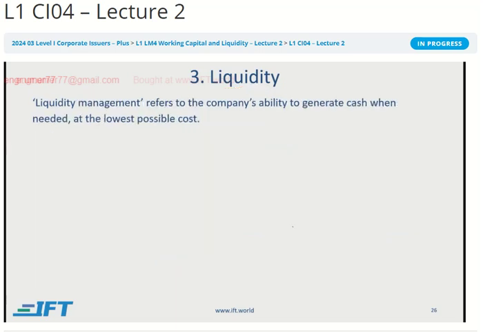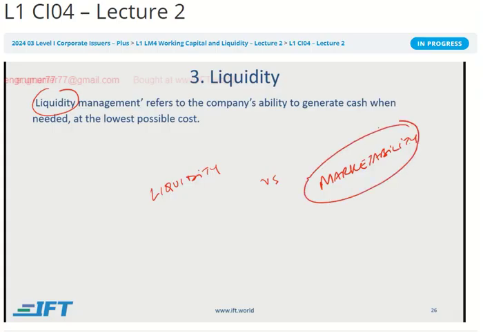Now, I just want to talk a little bit about liquidity versus marketability. If you can convert something into cash, that is marketability. Let's say you have a home, a $1 million home, and you can convert this to cash.